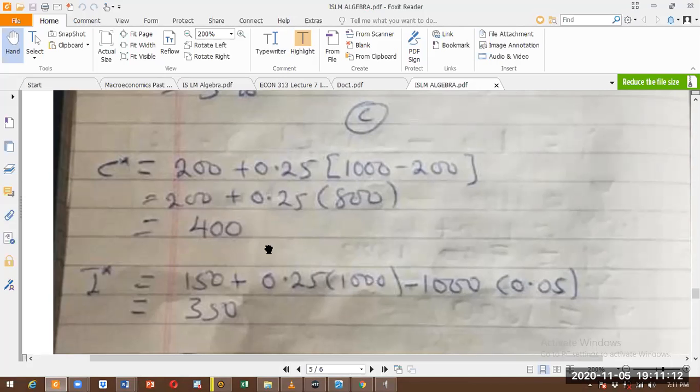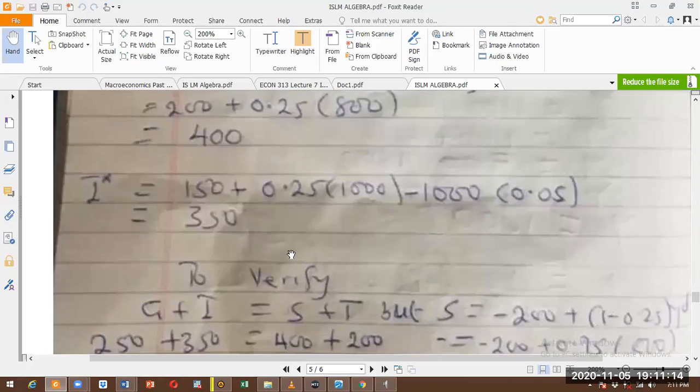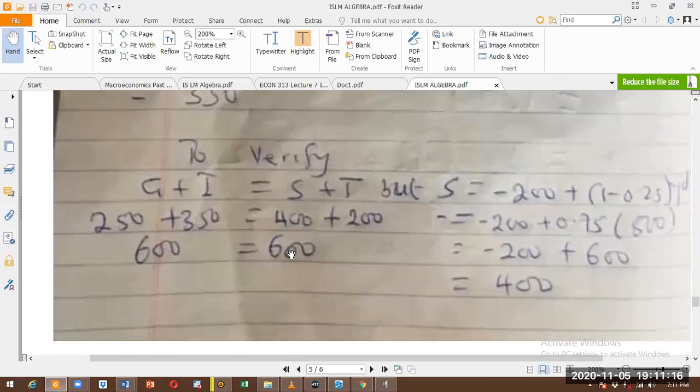Okay, so we know that at equilibrium the leakages are supposed to be the same as the injections. Leakages are supposed to be the same as injections, and these are our injections: government spending and then investment, and then the leakages are savings and then what, tax. Now, how do we find savings?